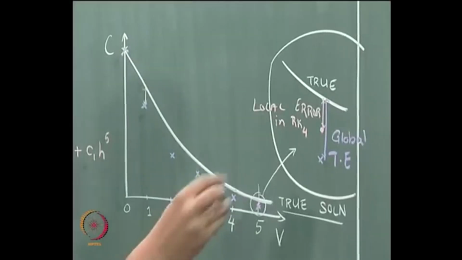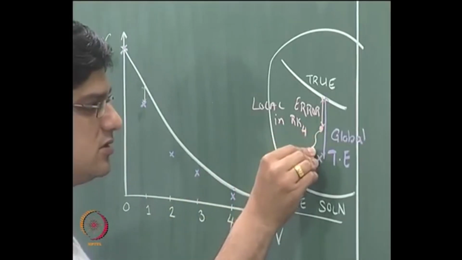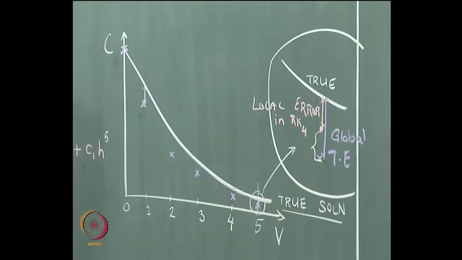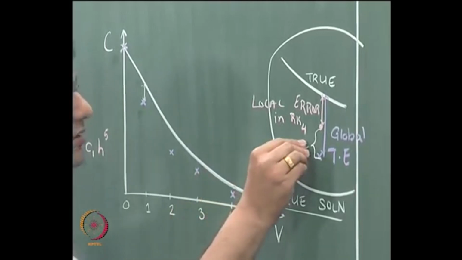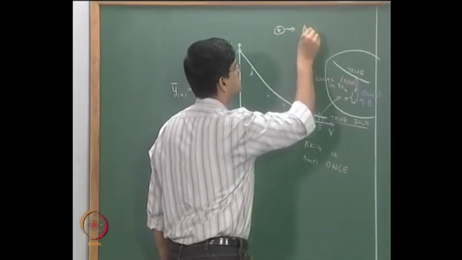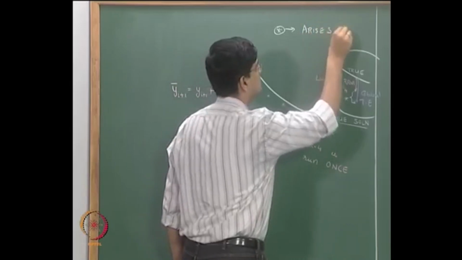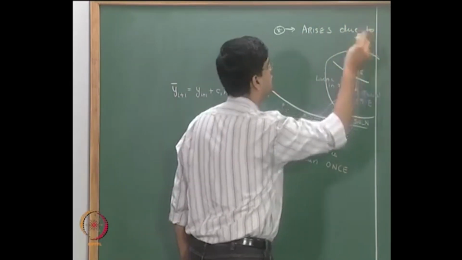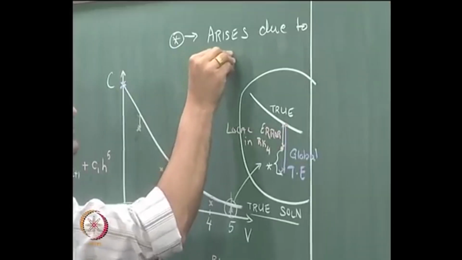And this particular difference between the global truncation error and the local truncation error arises due to accumulation of past errors.